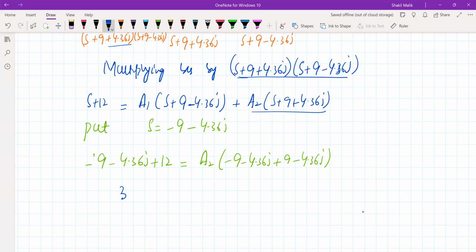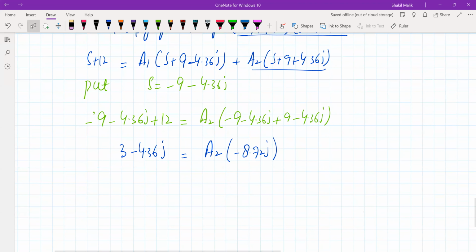So from this, what we'll get? It will be 3 minus 4.36j, because minus 9 plus 12 is plus 3. In the bracket, minus 9 and plus 9 will get cancelled, so we'll be left with minus 8.72j. Please check the calculation one more time yourself.